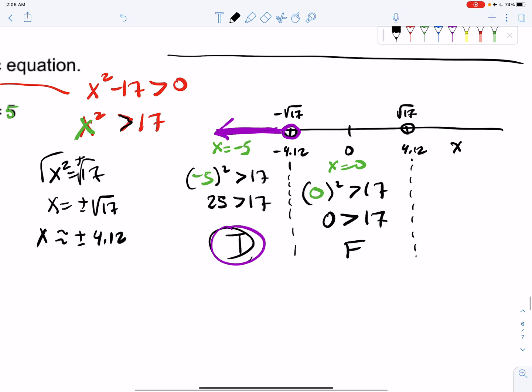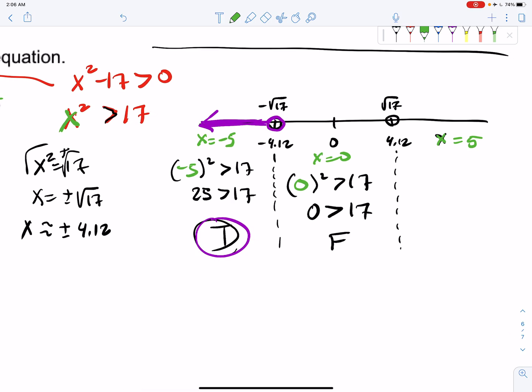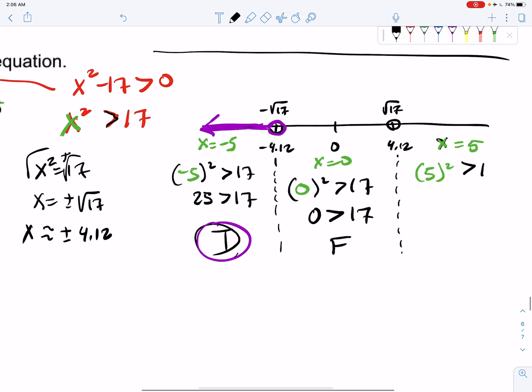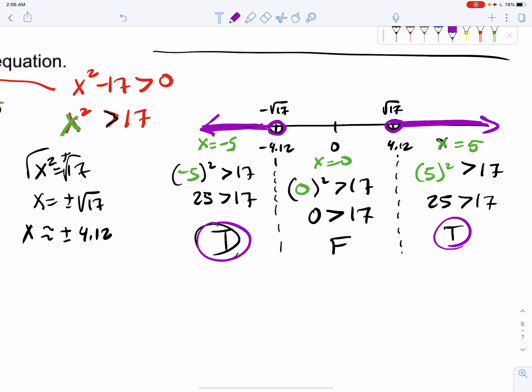How about this last region? X equals 5, anything bigger than 4.12, 5 would be great. Is 5 squared greater than 17? 25 is definitely greater than 17. So that is true. And when it's true, we must shade it. So that's the domain that's allowed.